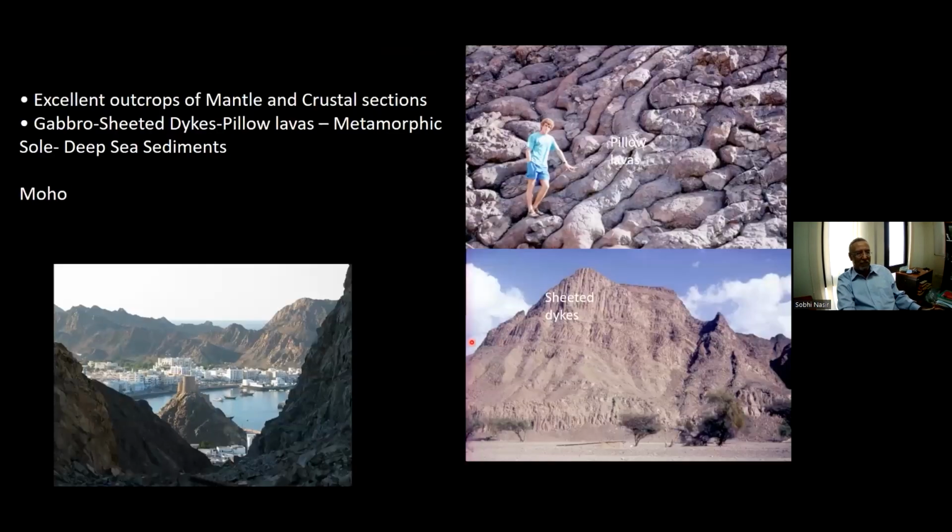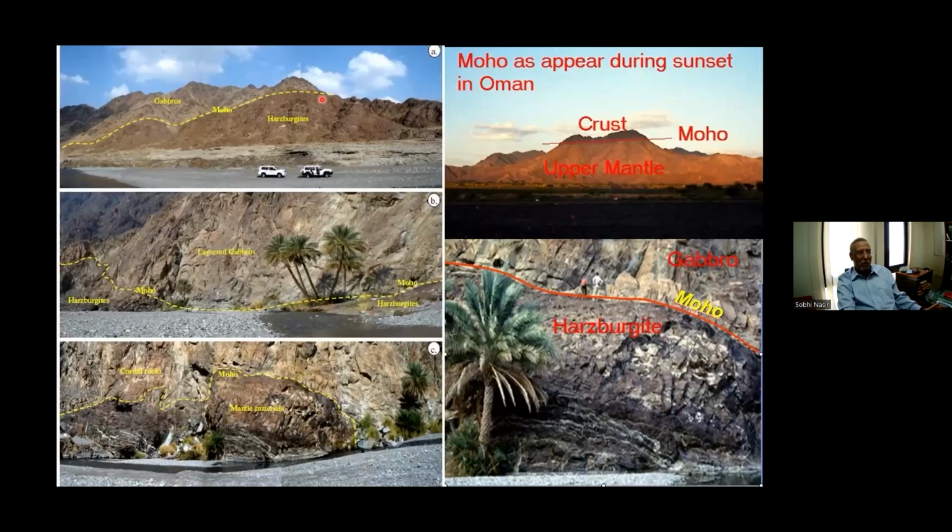These are just examples. This is the old city of Muscat. It's completely built on the mantle sequences. You can see the pillow lava all over in Wadi Oman, the sheeted dike, well preserved, and you can see the Moho. The Moho is well preserved and can be seen all over wadis and mountains in Oman, separating the crustal sequence with the gabbro from the harzburgite.